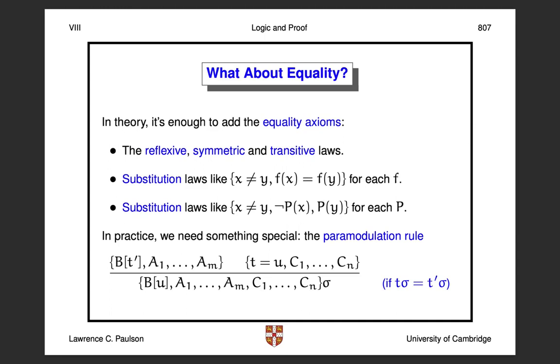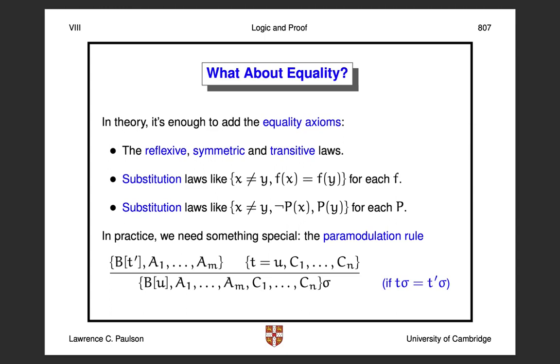So it turns out equality can be axiomatized in first-order logic. You simply put in the laws saying, like reflexivity, that is to say x equals x, symmetry and transitivity, they are easily expressed as clauses.